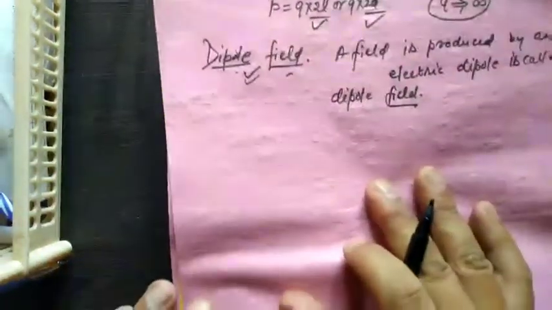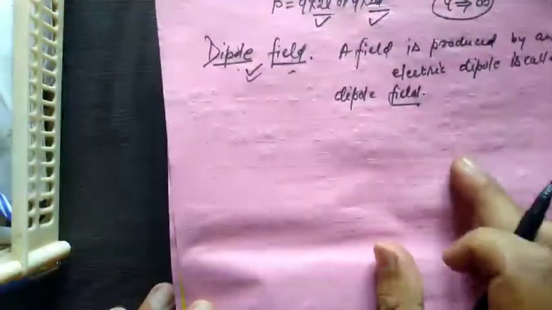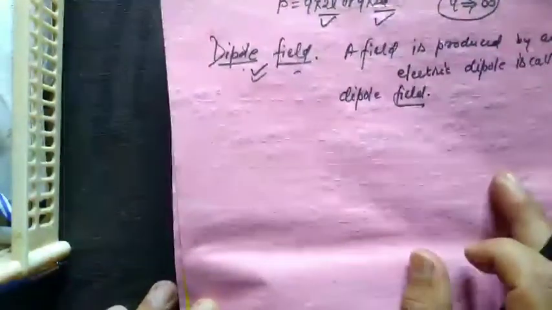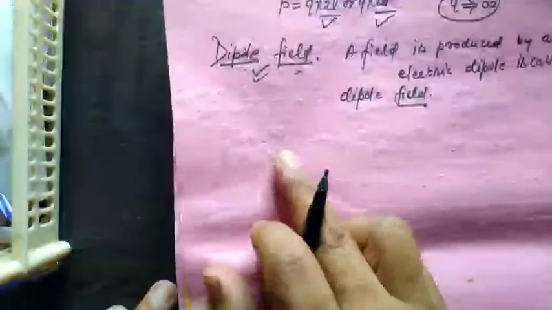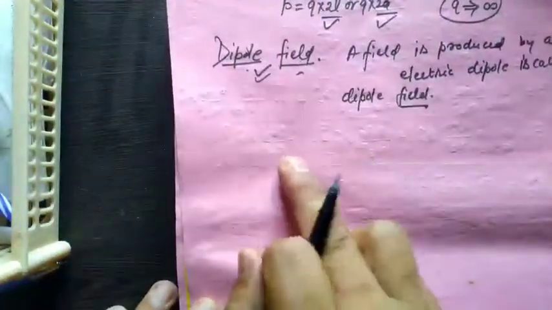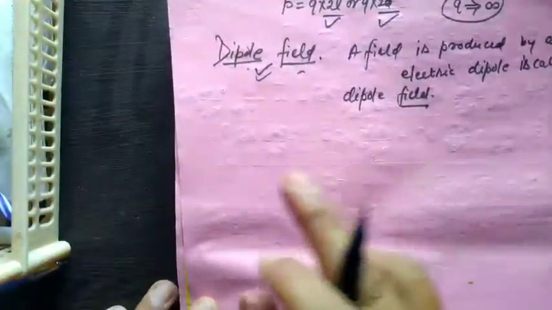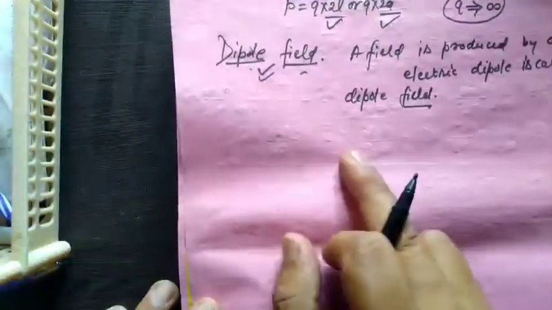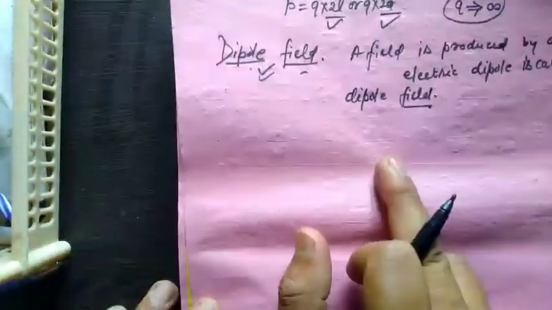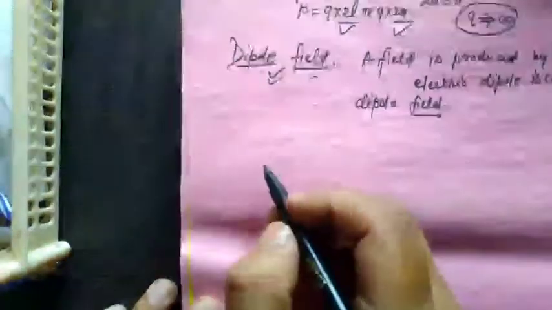Now we can measure the electric field intensity in two ways. First, the field intensity on the axial line of the dipole, and second, the field intensity on the equatorial line of the dipole.